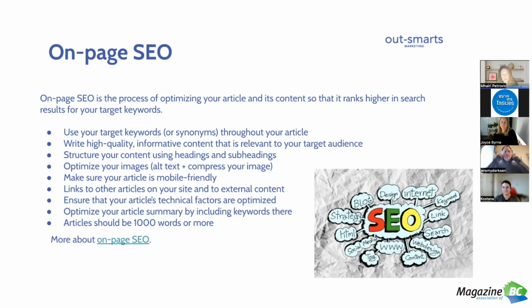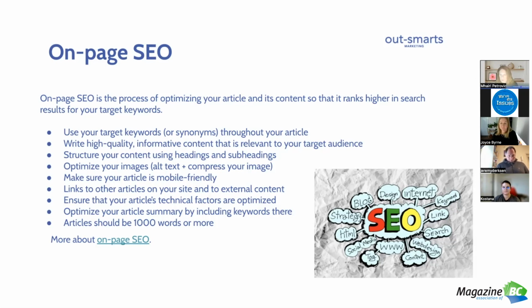That's one component, or one of the most important components of on-page SEO. As I mentioned before, writing quality content is huge, but if you also know where to put your keywords and how often, that's going to help Google to recognize your content and help it show up higher.